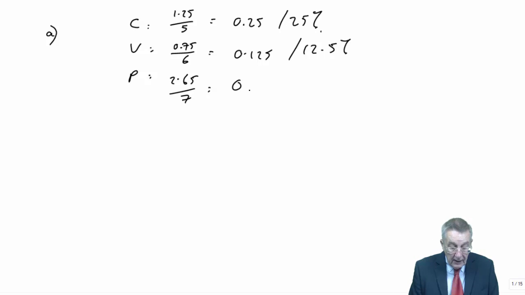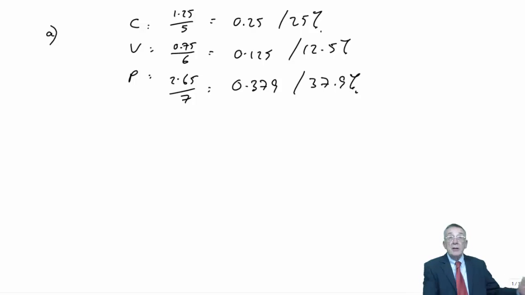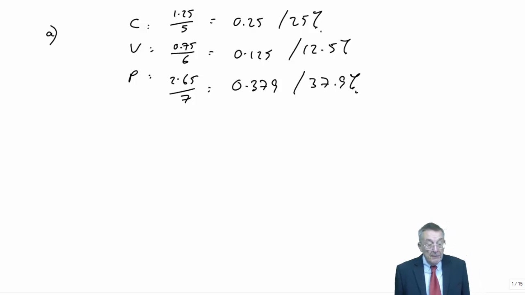That's not so nice. 0.379 or 37.9%. So, that's straightforward enough. And of course, if there were just one product and I wanted break even and things, we could do precisely what we did in the last lecture.